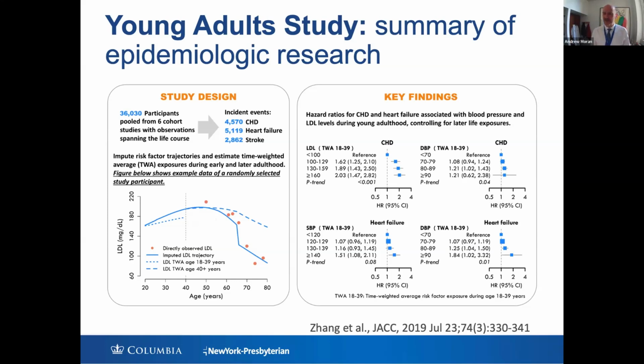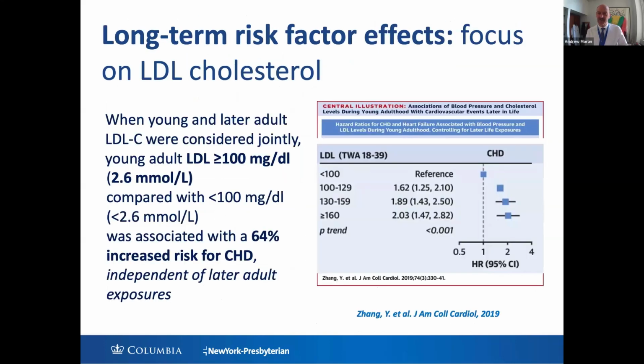We looked at a variety of different outcomes, and we looked at blood pressure and LDL cholesterol exposures. And just to hone in on the LDL results, this is really where our results popped, and we saw a very clear signal.